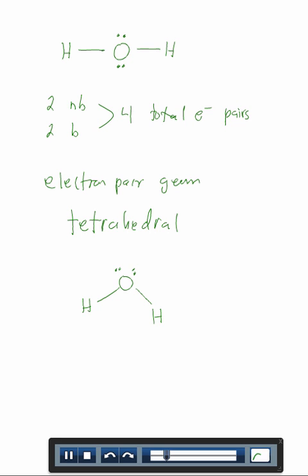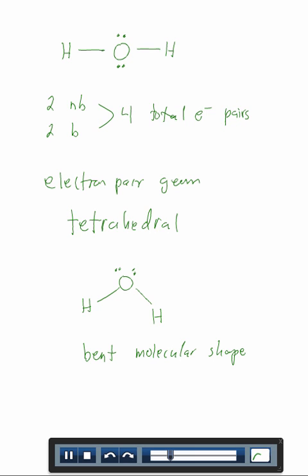One comes out at us and the other goes away from us behind the paper. But just the atoms form a plane, and so the water molecule has a bent molecular shape to it. So it's not linear because of the geometry of the electron pairs.